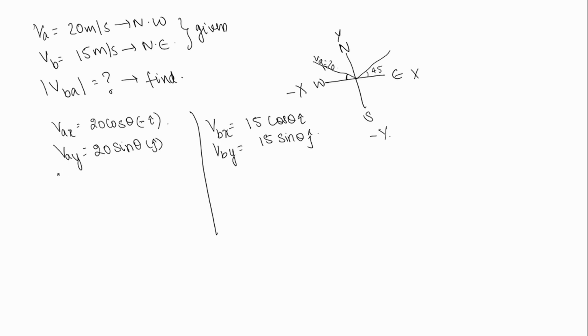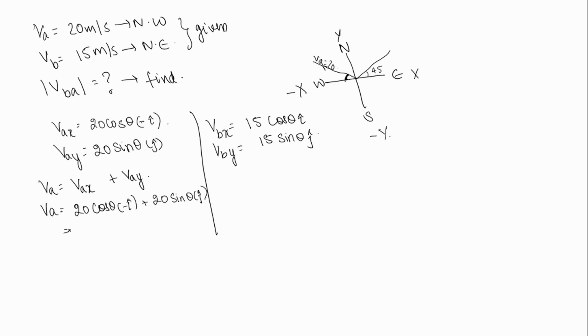So the total velocity of particle A is the velocity of particle A in the x direction plus the velocity of particle A in the y direction. We know theta is 45, it makes 45 degrees with the x-axis. So the velocity of particle A is 20 cos theta in minus i cap plus 20 sin theta j cap.